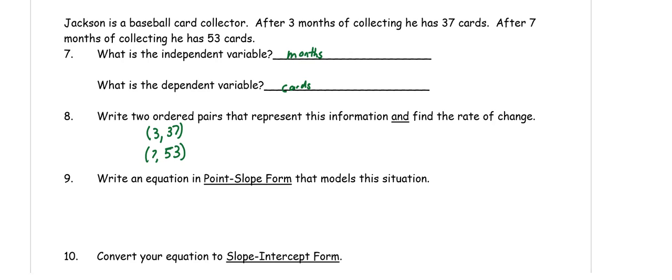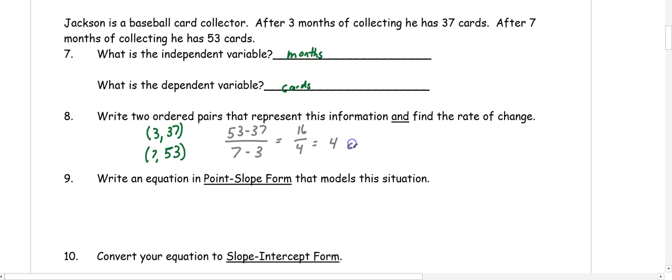So we're going to find our slope, 53 minus 37 over 7 minus 3. So when I subtract, I have 53 minus 37, so I get 16. 7 minus 3 is 4, which reduces to 4 cards per month.